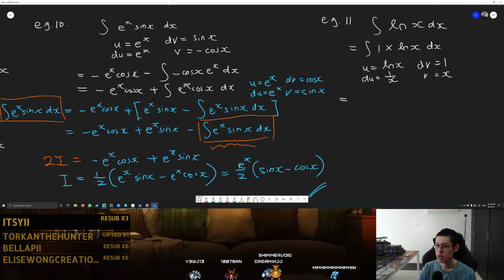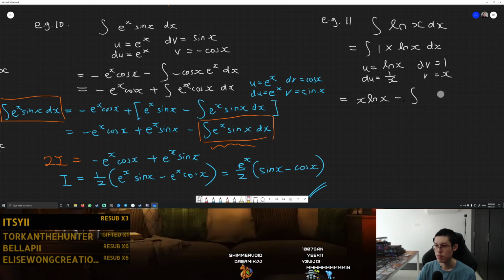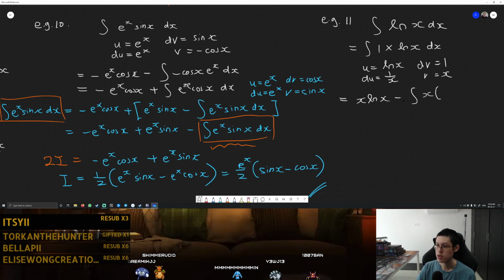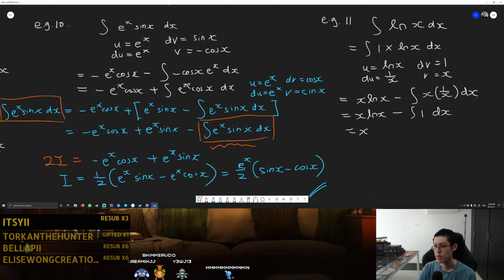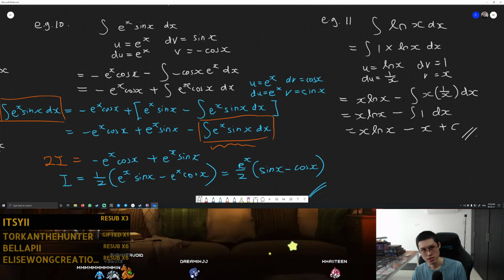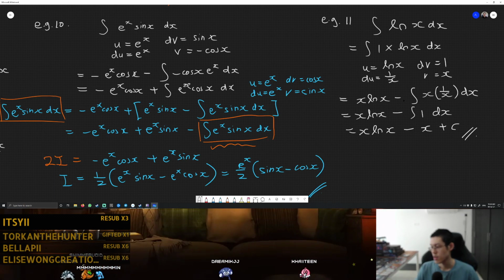So uv is x ln x, minus v du, okay, x times 1 over x. Ta-da! This is how you integrate ln x. Okay? And we're done.